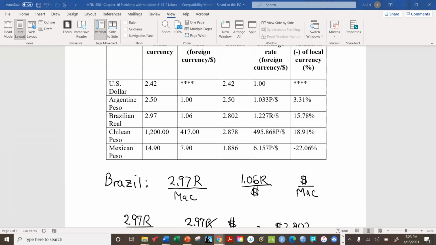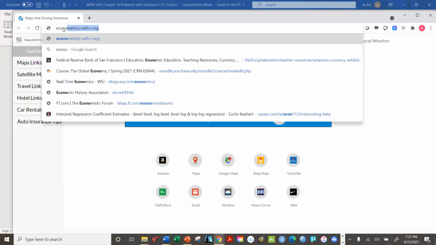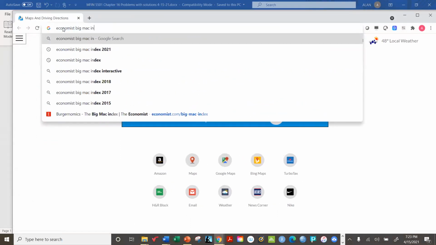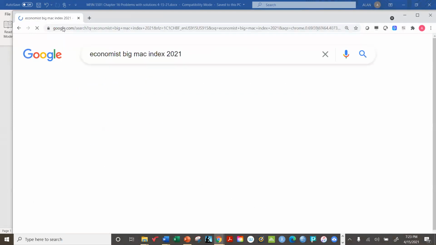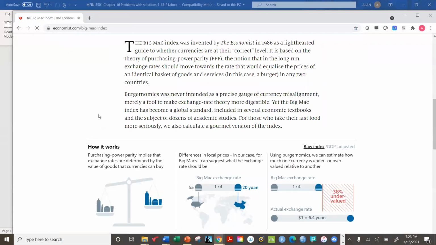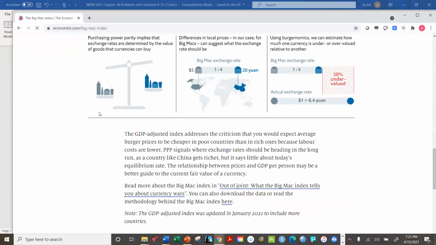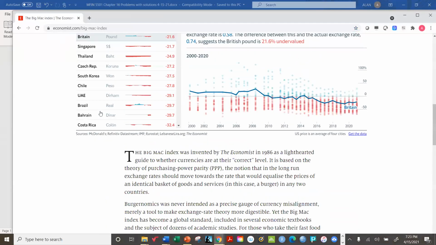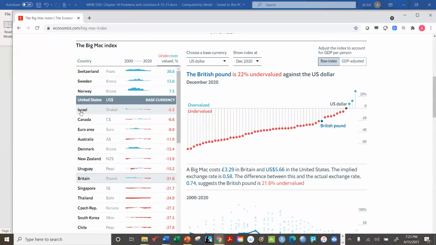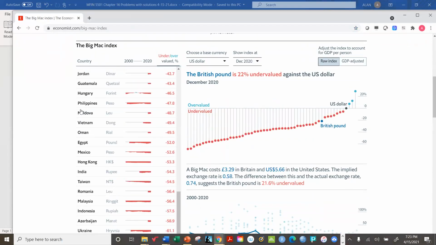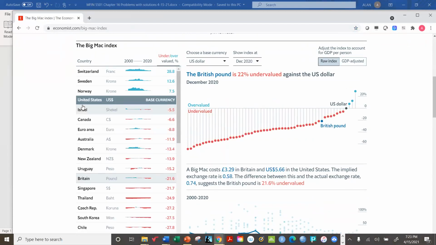If we look back at the Economist website, they're going to show us, yeah, look at this, watch. Here we go. Well, maybe there's a lot. Now look at these.